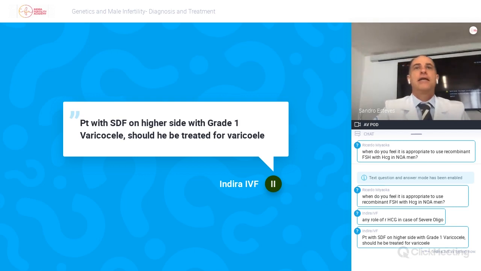And the important thing about DNA fragmentation, this is not like a discrete normal or abnormal result only. These thresholds have to be interpreted with caution, because it's a continuum. The DNA fragmentation is increasing point by point. The oocyte has an ability to repair the DNA. So you need to see the couple as a whole.